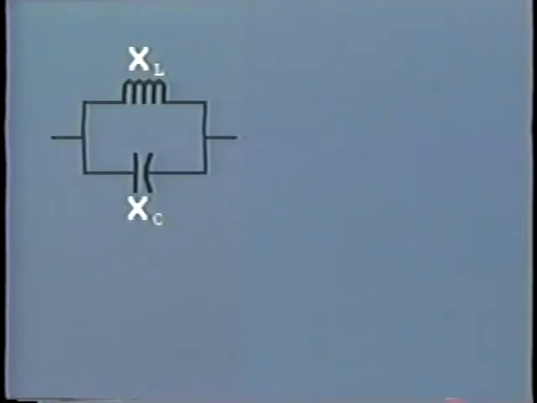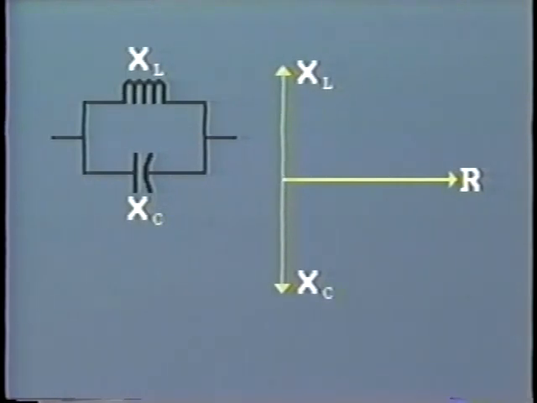You will remember that resonance is achieved when the inductive reactance of the reactor is the same value as the capacitive reactance of the capacitor. This is because the two reactances are opposing. The phase angle of the inductive reactance is at plus 90 degrees, while the phase angle of the capacitive reactance is at minus 90 degrees, as shown here.